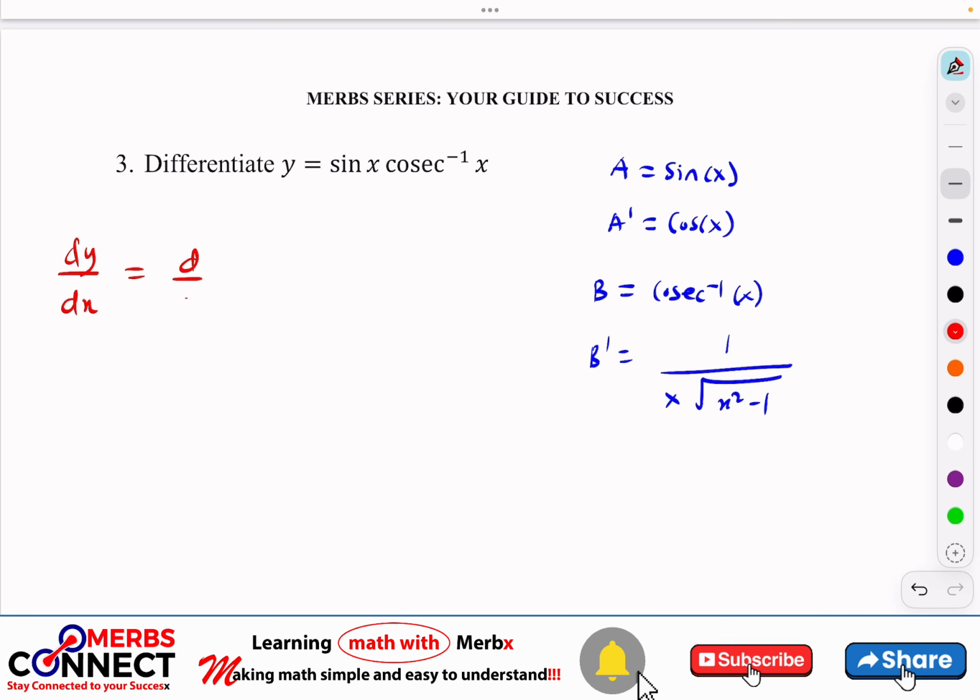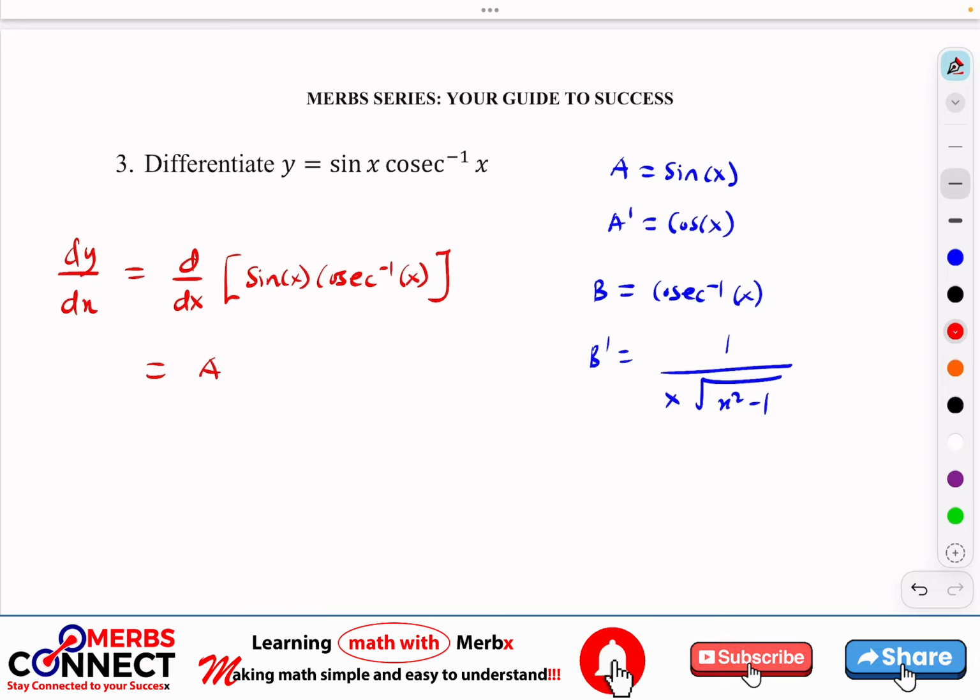So this is sine of x times cosecant inverse of x. Product rule: a b prime plus b a prime.